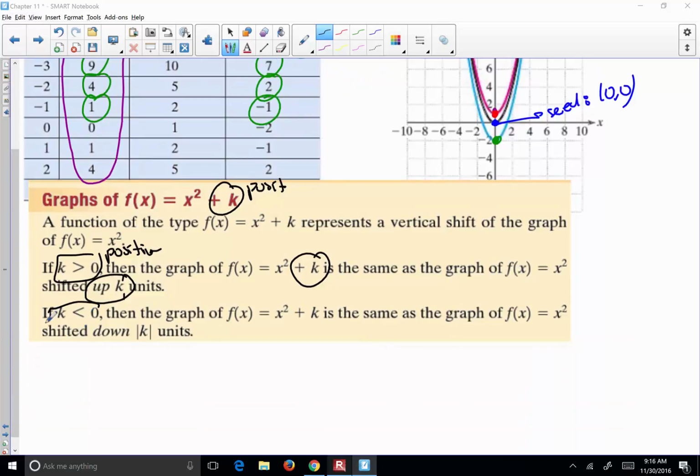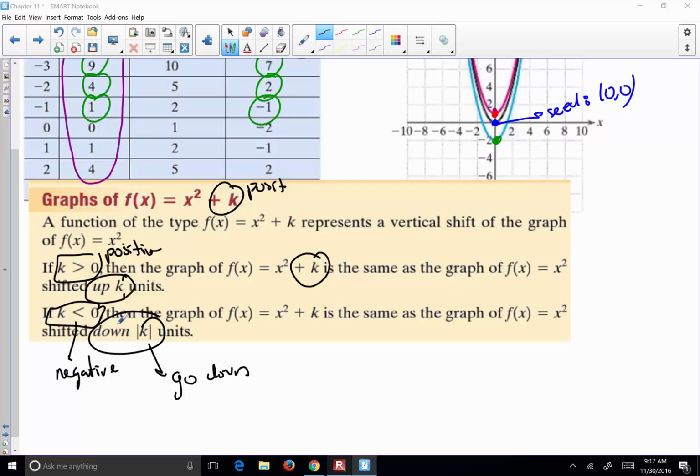If you see, what does this mean? K less than 0. Negative, then the function graph will move down as much as that k unit. If it is minus 5, you take its absolute value, move it 5 down.